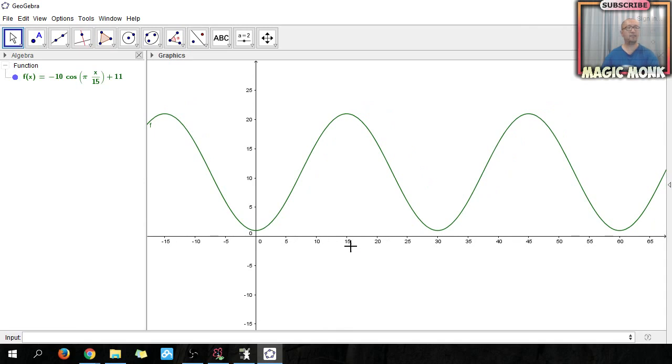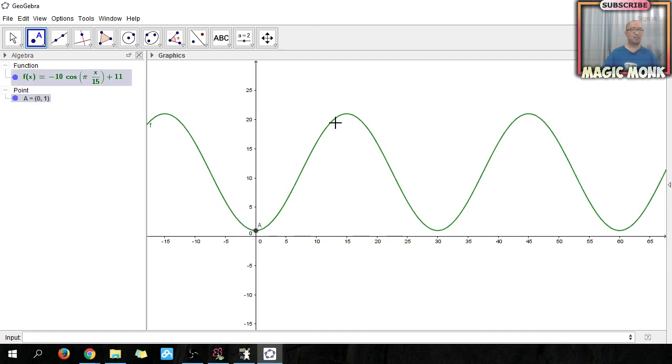So if it's giving me that, then obviously the height of your Ferris wheel is the y-axis, right? So you're going from down here, initially you're 1 meter off the ground.